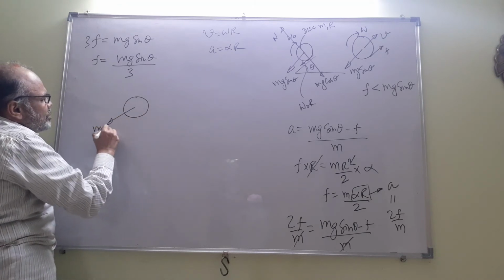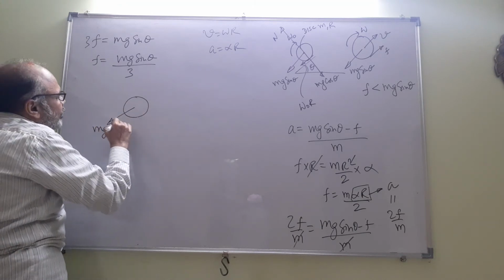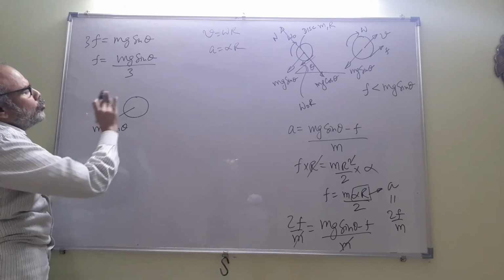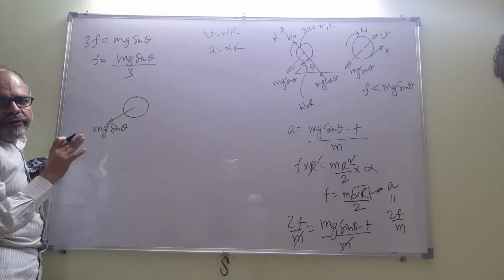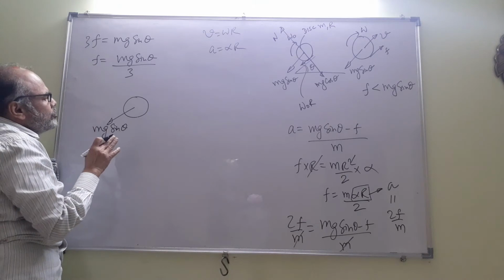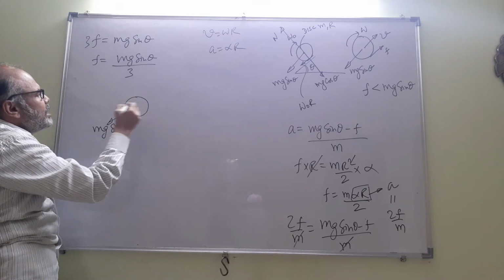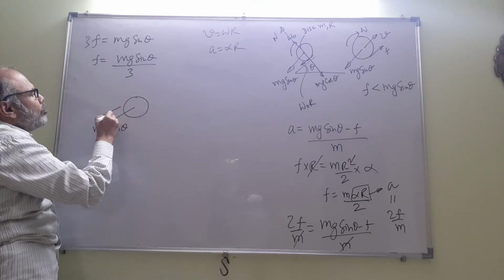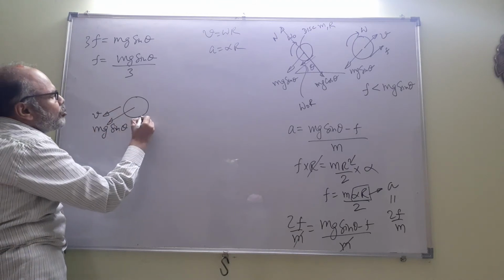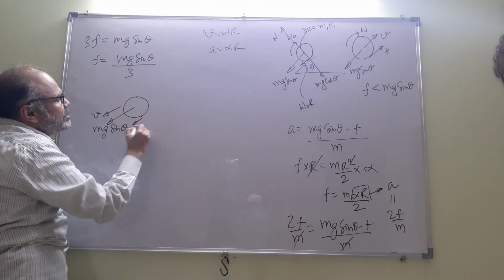When it starts its downward journey, omega is 0. There is an mg sin theta which is acting downward. There is no omega, there is no v. Both have reduced to 0. Now the v is going to start increasing in the downward direction. So this point of contact has a velocity v like this.